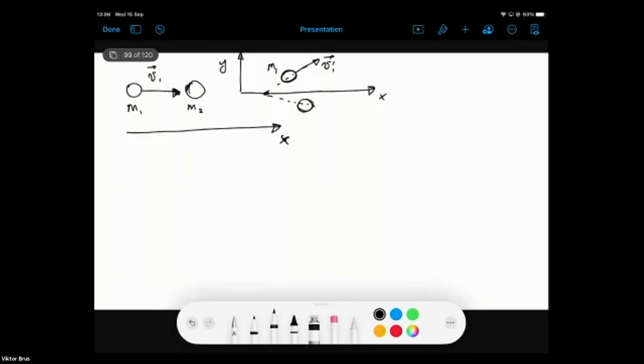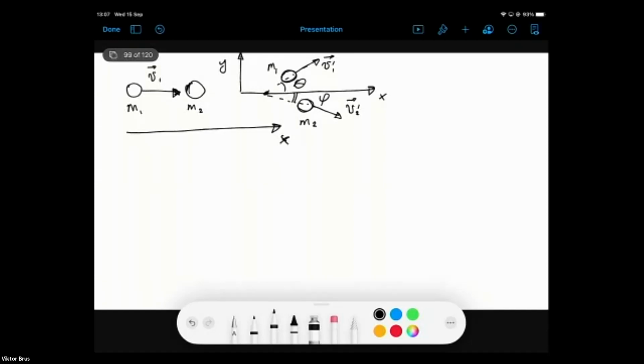Here it will be mass m2, and it also moves with some velocity vector v2 prime. These new velocity vectors of both bodies after collision will be aligned at some angles towards axis x. So here will be some angle theta, and here some angle phi.